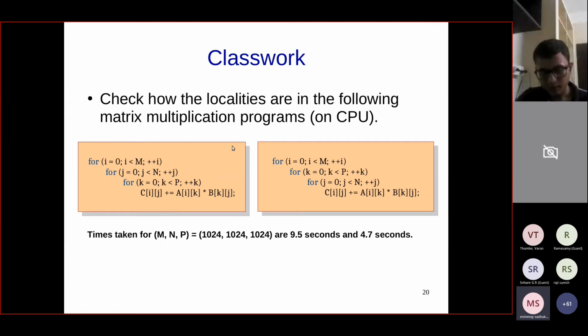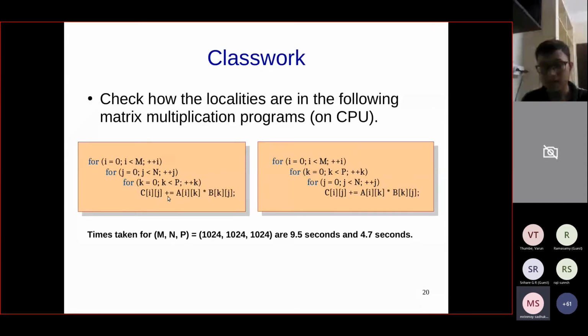In the first snippet, C and A are being accessed in row major order, and I initially told that matrices are stored in row major order. We are assuming that we are storing matrices in row major order on the CPU, that is, in its DRAM. So accessing them in row major order will give us caching benefit, or more precisely, benefits due to spatial locality.